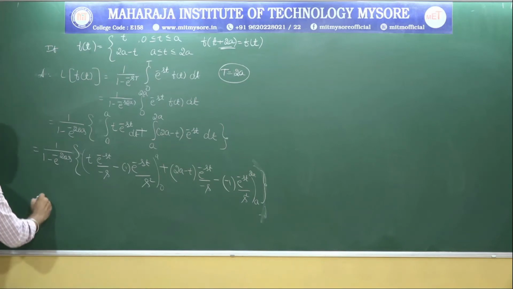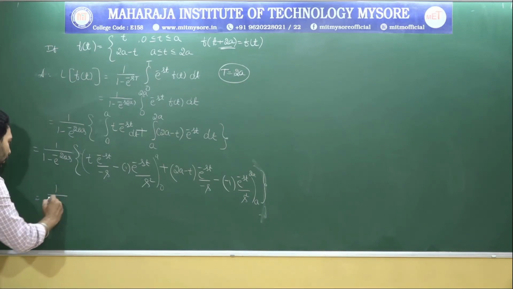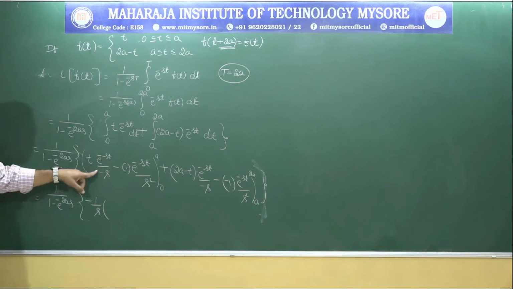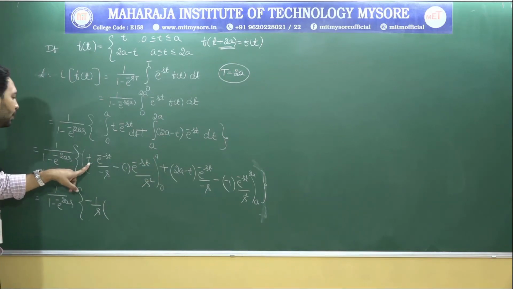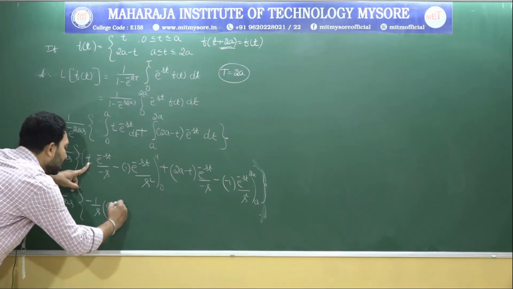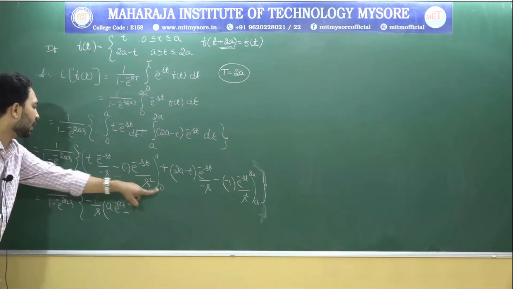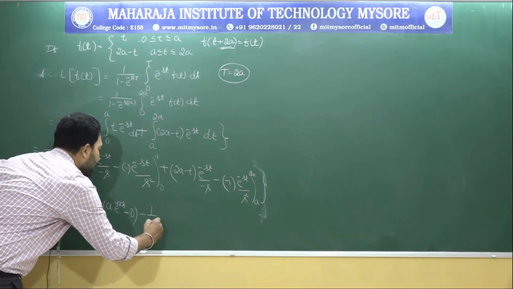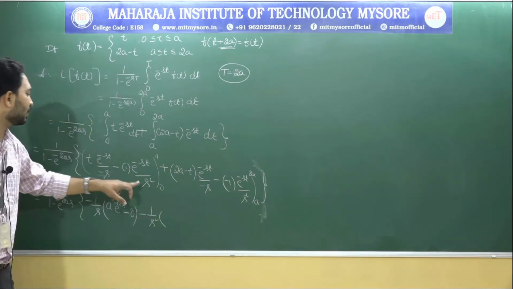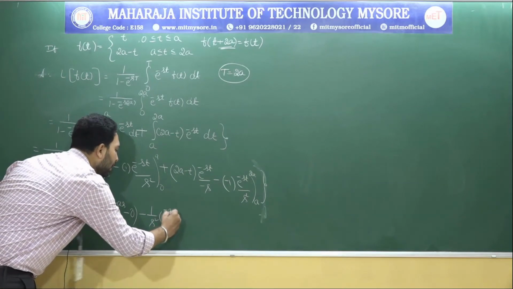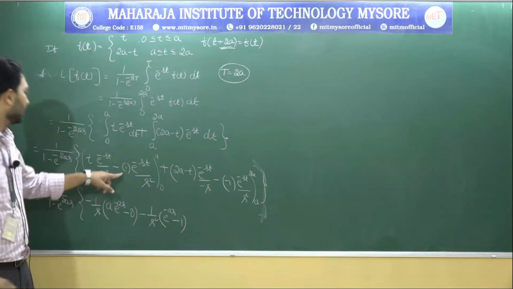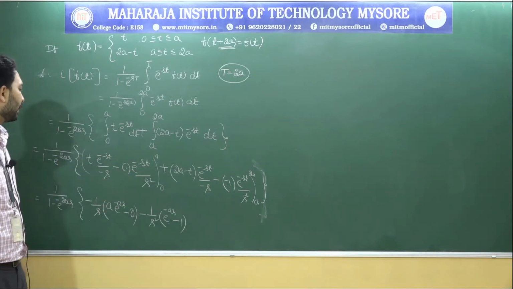So apply the limit. It is 1 over 1 minus e power minus 2as into minus 1 by s into upper limit, if I put a here, a into e power minus as, minus lower limit, it is 0, because 0 into anything is 0, minus 1 by s square into upper limit e power minus as, minus lower limit, it is minus 1, because e power 0 is 1.